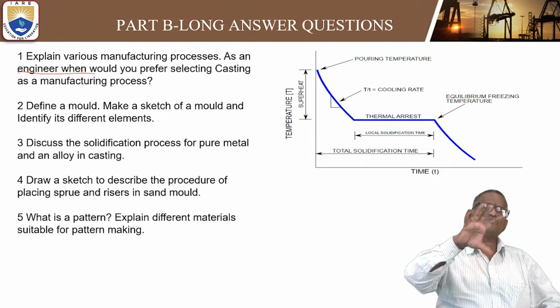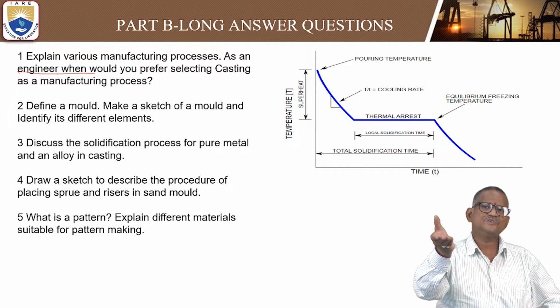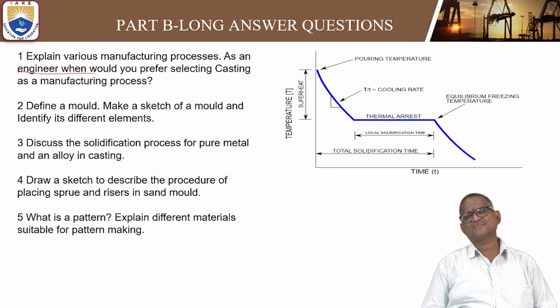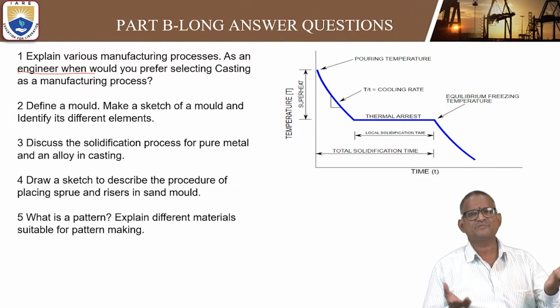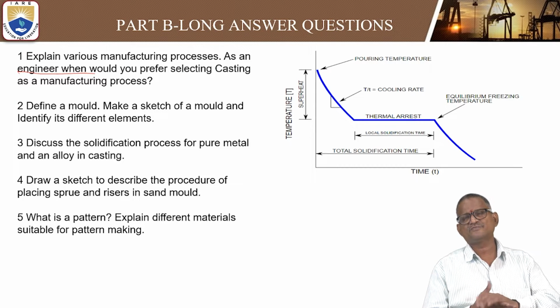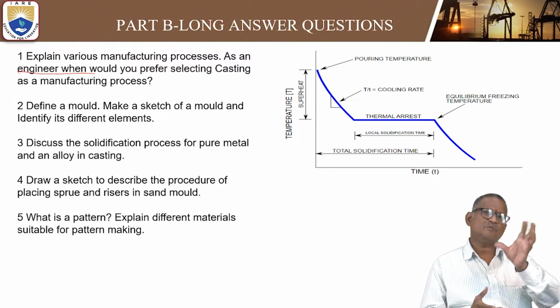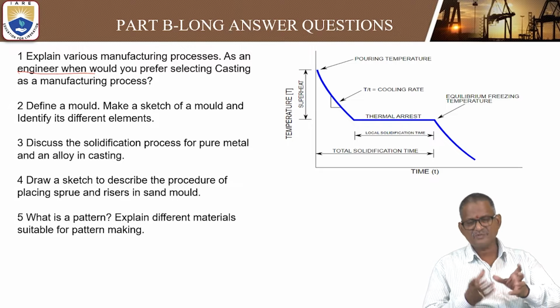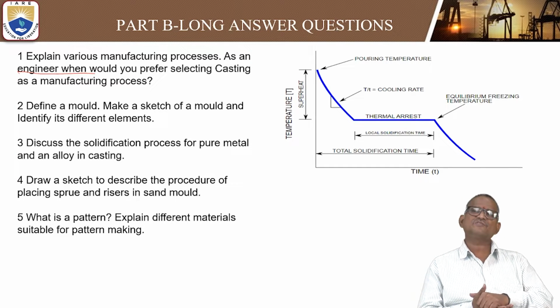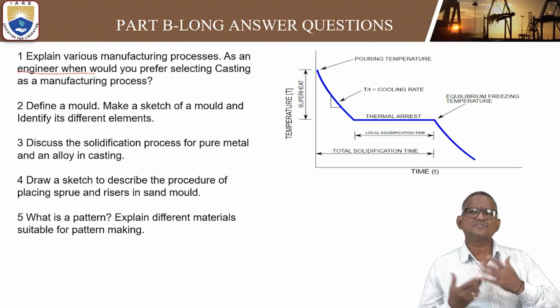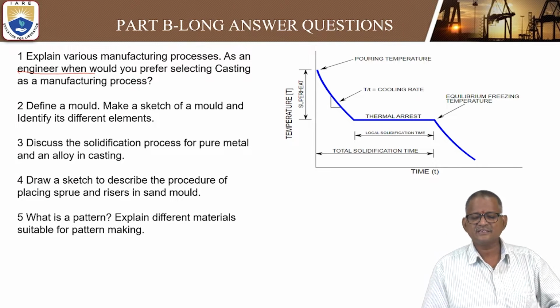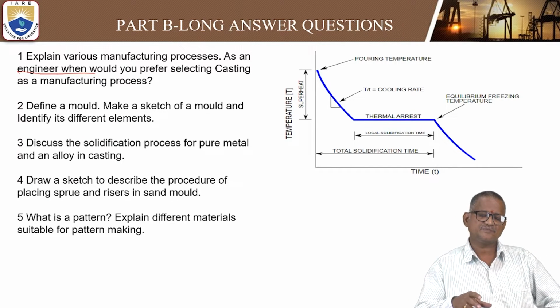When some complex shaped components are to be made, obviously you can go for the metal casting process, because simple components will be made with metal forming, rolling and forging, etc. But for complicated shapes, making the die itself incurs a lot of cost, so casting is the process by which any complicated shape can be made.